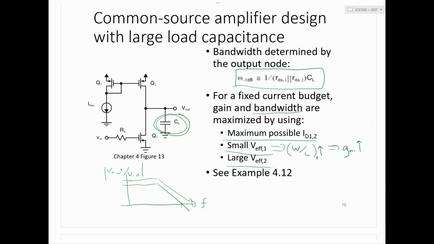We haven't talked about noise yet, but for a common source amplifier and many related amplifiers, because many of the other high gain amplifiers are improvements on or derivatives of a common source amplifier, that's a pattern you may want to keep in mind.